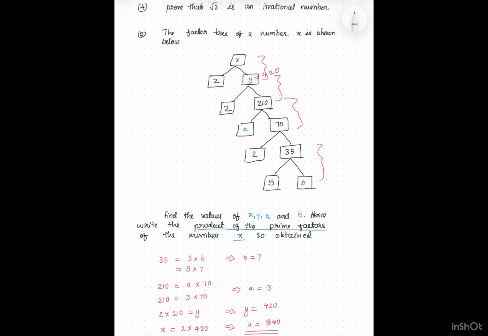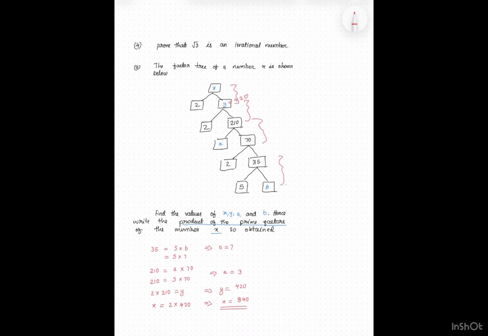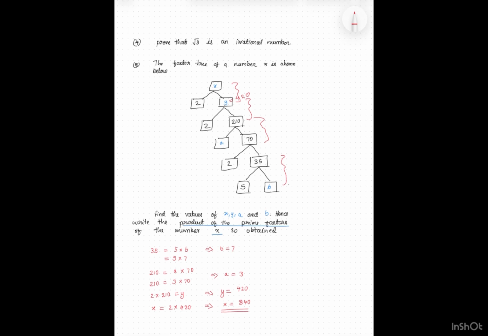Hence, write the product of the prime factors of the number x so obtained. So x is 840, where a is 3 and b is 7.